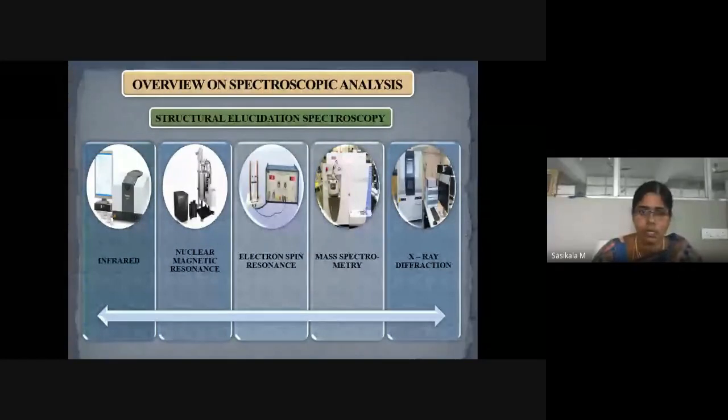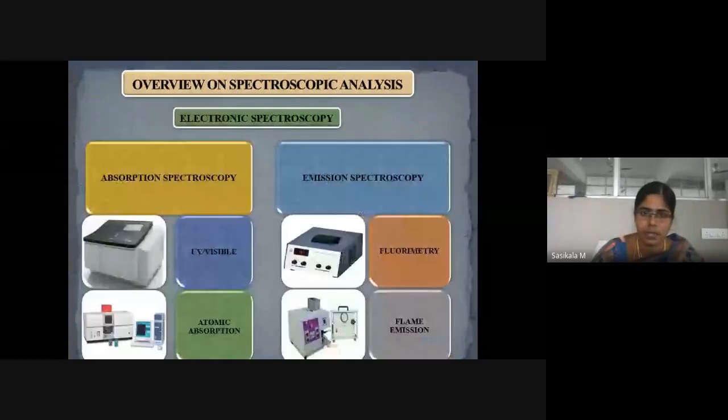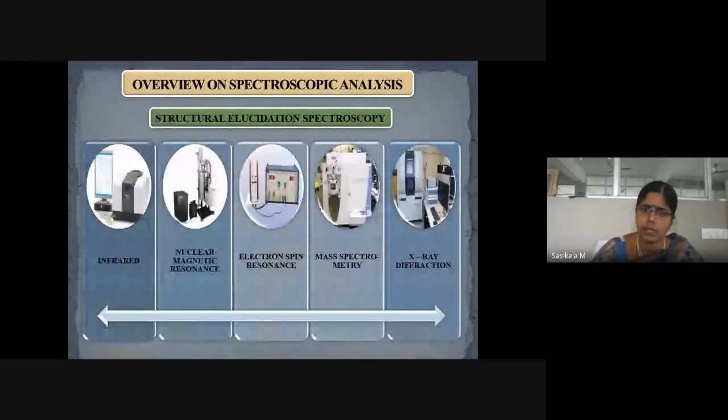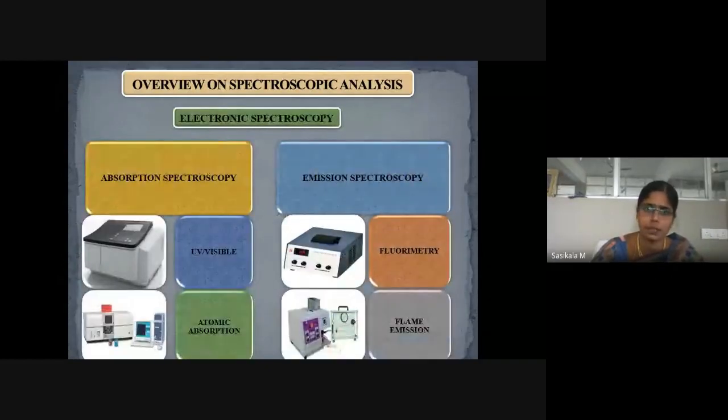So what classification have we seen under spectroscopy? Electronic and structural elucidation. We can divide spectroscopy into many types according to its applications, but this is the common classification for spectroscopic methods.